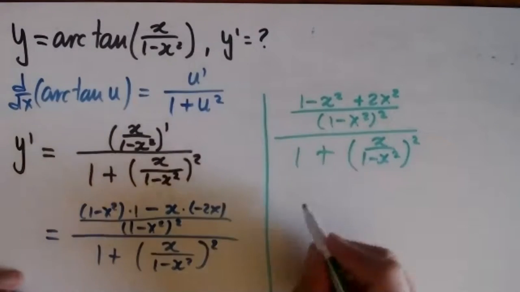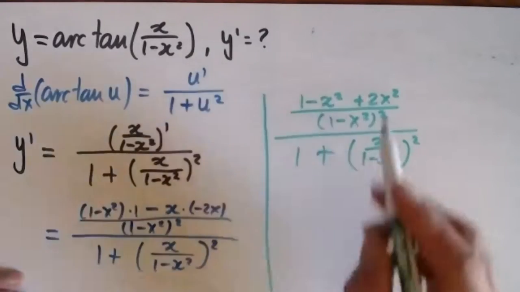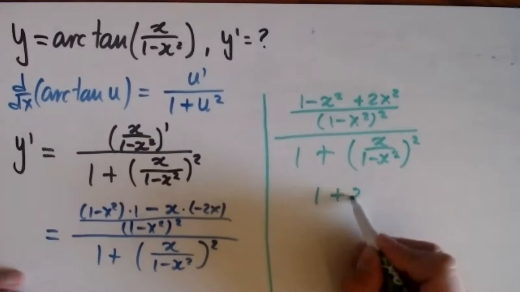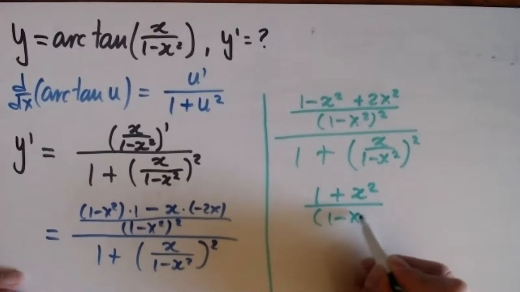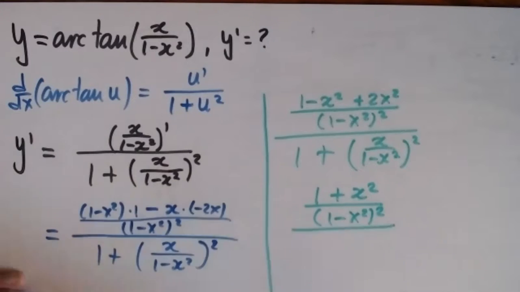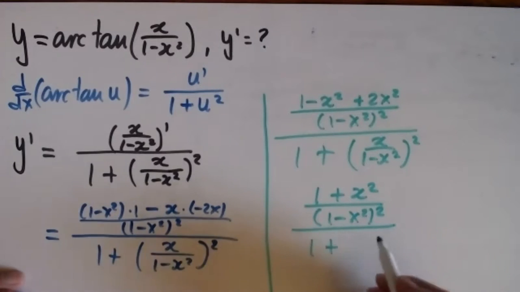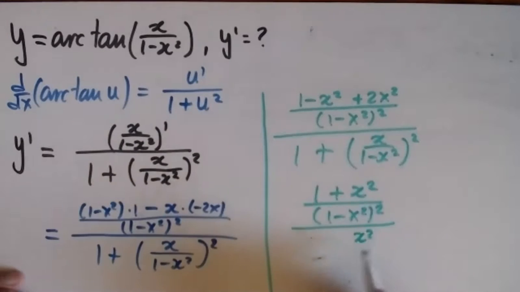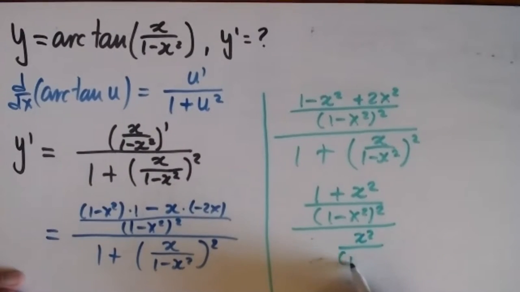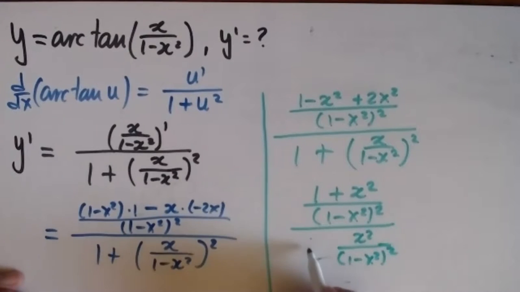So I'm going to have 2 minus 1, 1. So I'm going to have 1 plus x squared over 1 minus x squared, over 1 plus, and here I'm going to do something. I'm going to split the square, so x squared over 1 minus x squared, correct? 1 plus.